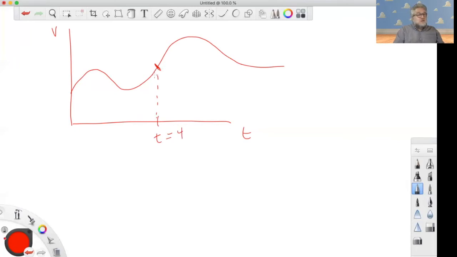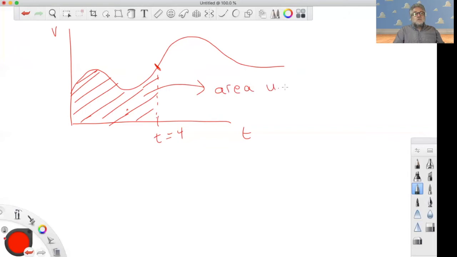How do I find the distance traveled if I know the velocity function, but I don't know the distance function? Well, just like we said before, I could calculate the area underneath here, and I could figure out what the displacement is. So on here, the area under the curve equals the displacement.